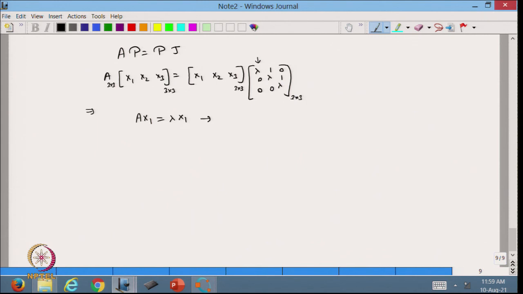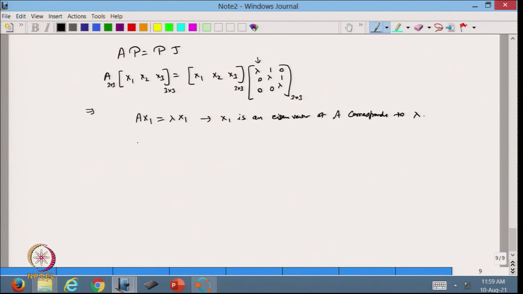From here I can say that x1 is an eigenvector of A corresponding to the eigenvalue lambda.